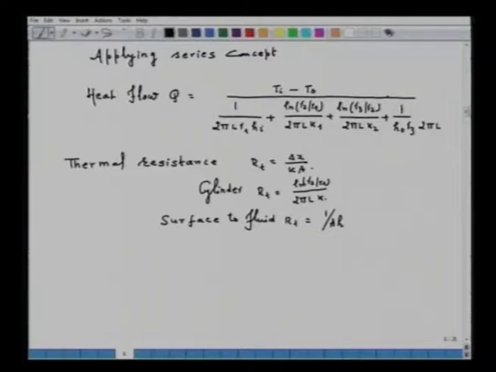Now, let us apply this equation. So, as such I will say application of the heat flow equation to refractory lining design.